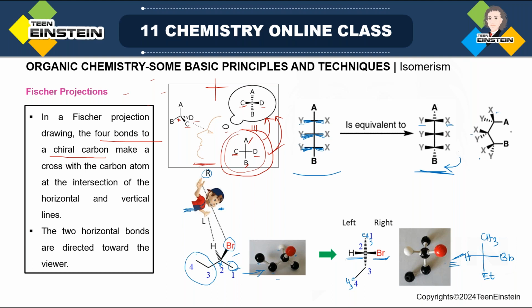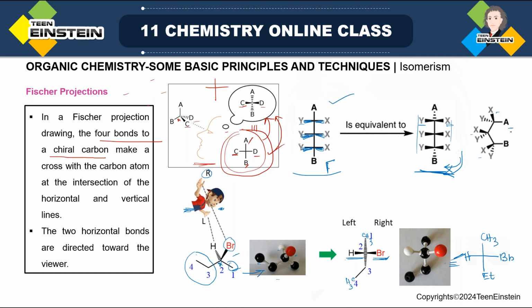All the X, they will be towards you. In this case, all Y, all X towards us. But if you slightly rotate it, it will be like this. And in this case, A and B, their position will change like this. So in this way, it is the same molecule represented in different way.